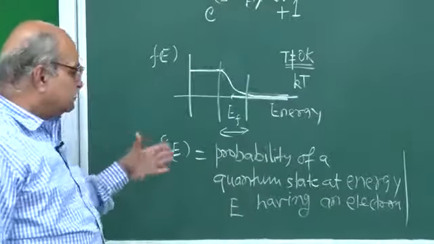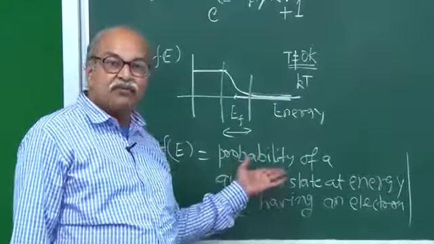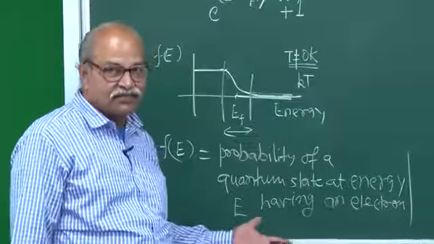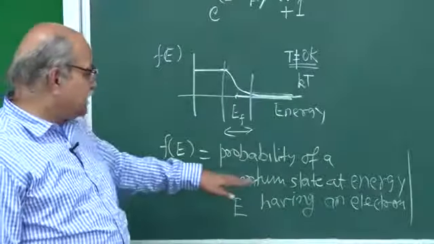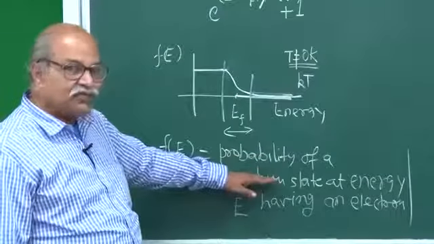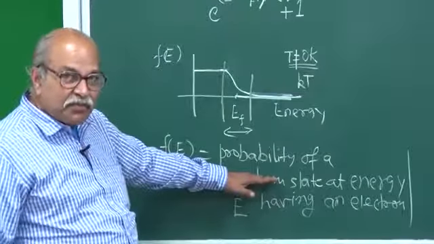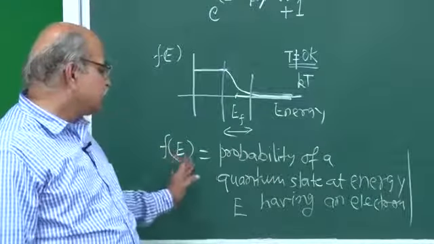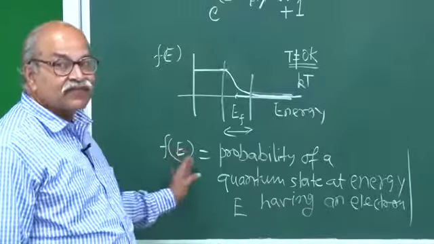You remember no quantum state can have more than one electron. So either it has an electron or it does not. If the energy of that quantum state is E, then the probability that it does contain an electron is given by this function.